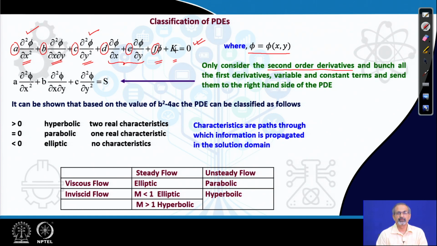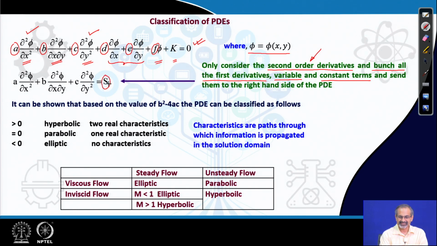Since only second order derivatives are important, we bunch all the first order derivatives, the variable term and the constant term together, and send them to the right hand side of the equation.